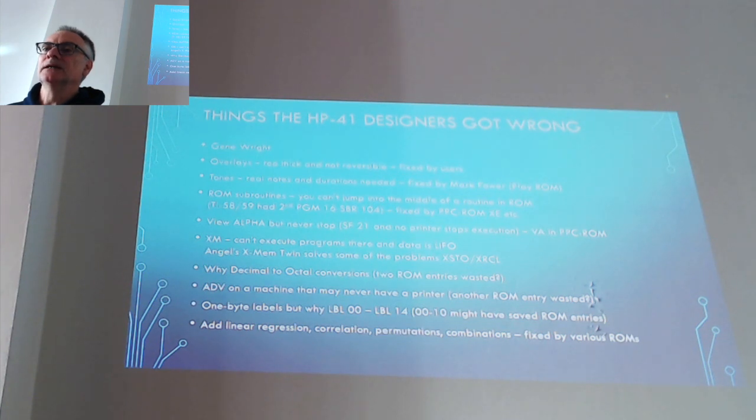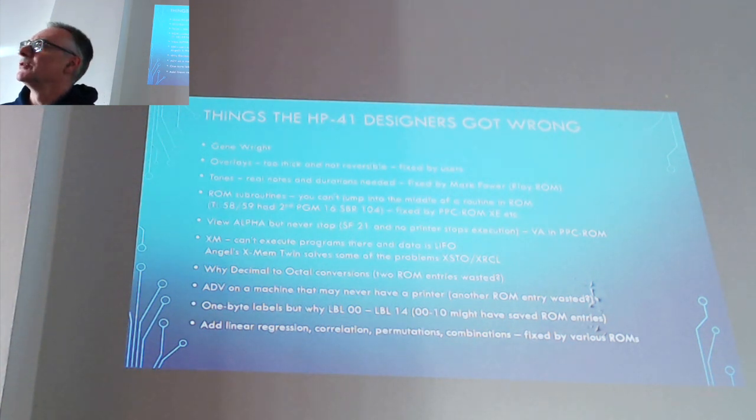They had a way to do second program 16, subroutine 104, which took you into program 16 at line 104 and ran it as a subroutine. They fixed that very quickly, and XE in the PPC ROM and other places fixes that. It allows you to jump to a program number of a subroutine in ROM.